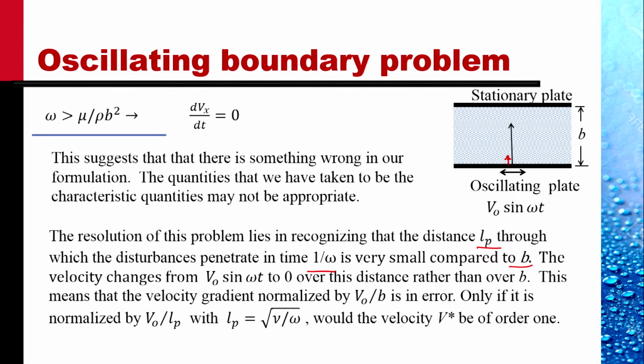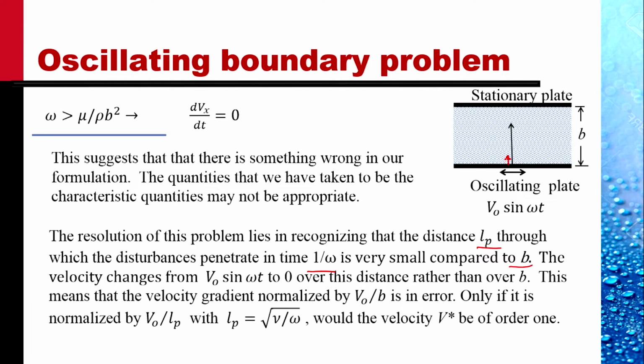This means that the velocity gradient normalized by V naught divided by b is in error. When you obtain del Vx by del y and normalize it, then normalizing the distance y by b is in error.